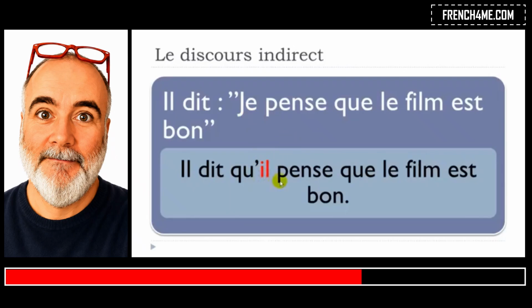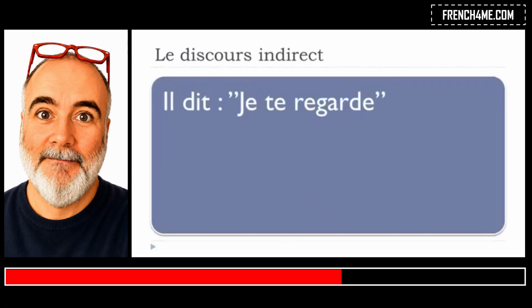Il pense que le film est bon. That's the only thing that you will have to modify. It's not really difficult, but keep in mind that if the subject is je, you will have to modify it and put it according to the first subject here, so il dit. Let's see now a second example.